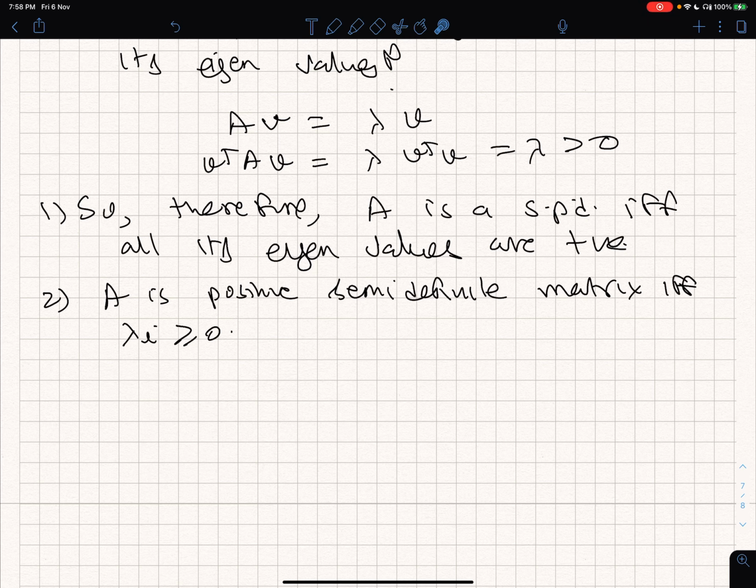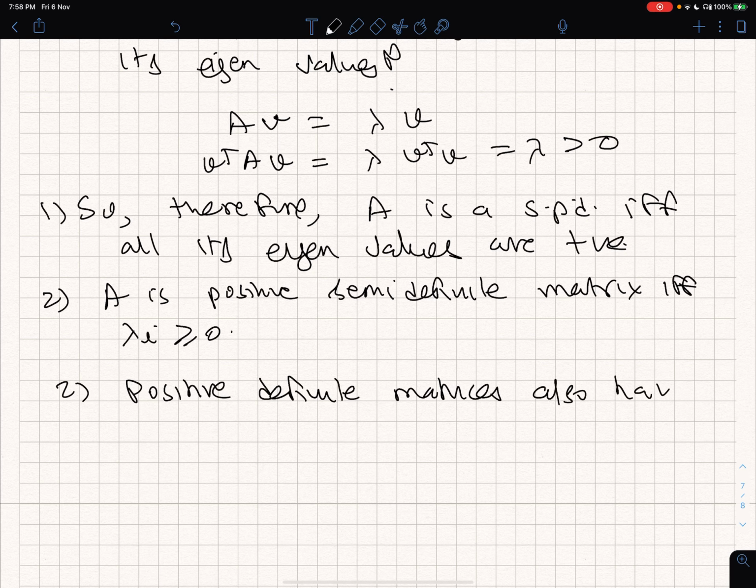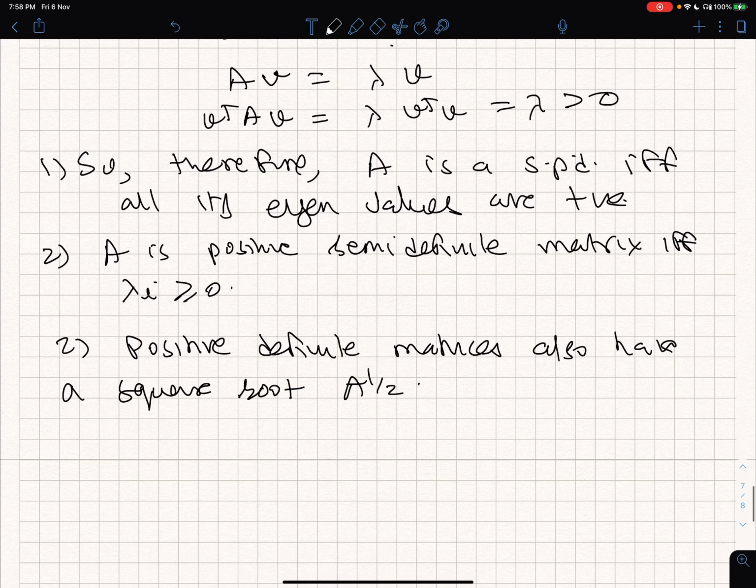Now, before I close this lecture, I have connected positive definite matrices to eigenvalues very clearly. Just before I close, I want to say one more thing: symmetric positive definite matrices also have a square root, called A to the power of half.